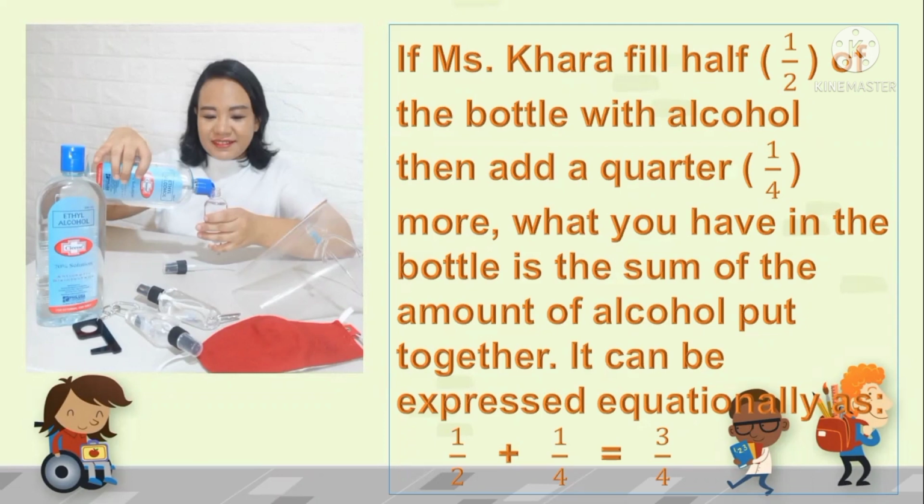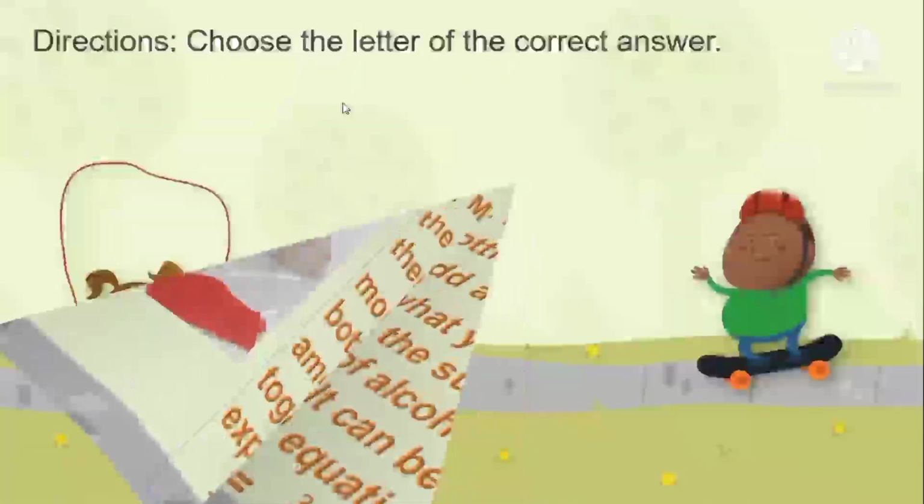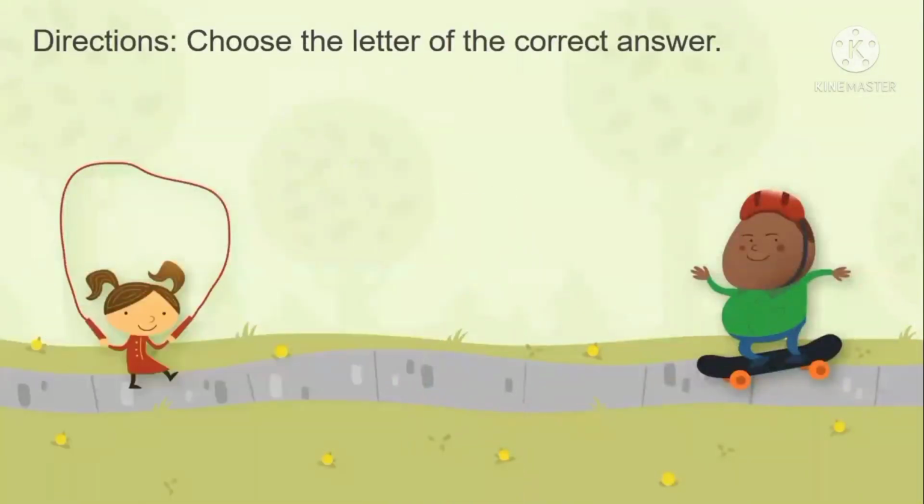But before you start, check yourself if you already have these skills from your past lessons. Are you ready, children? So please prepare your pen and paper. Let's have an activity. The direction: choose the letter of the correct answer.